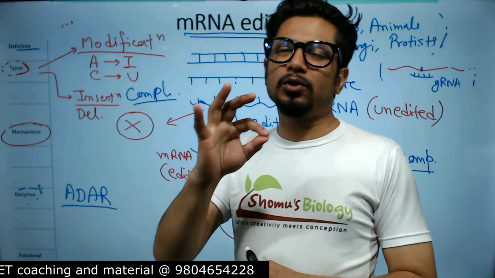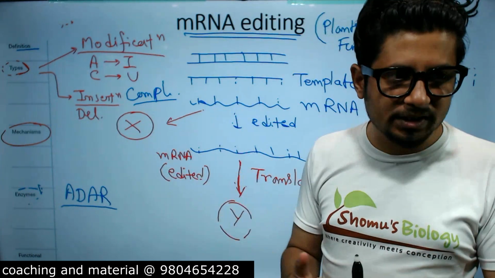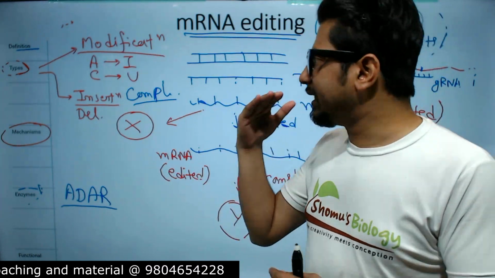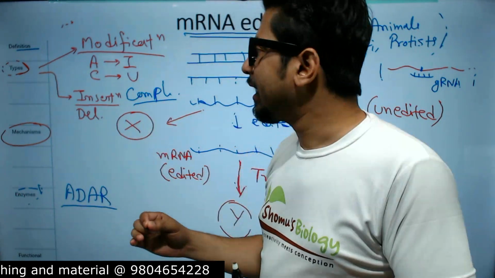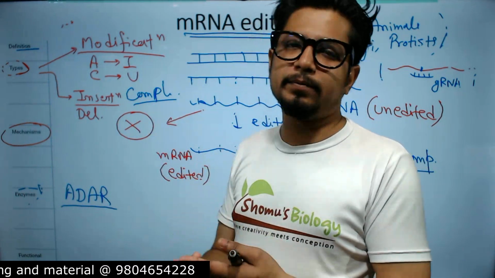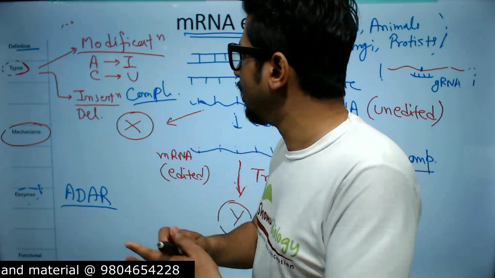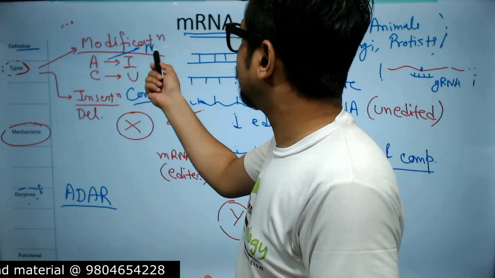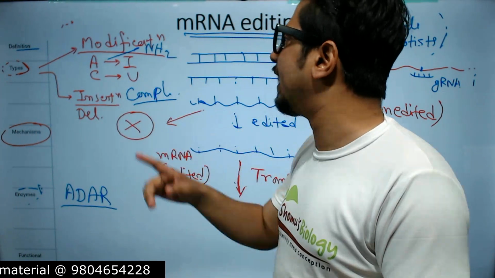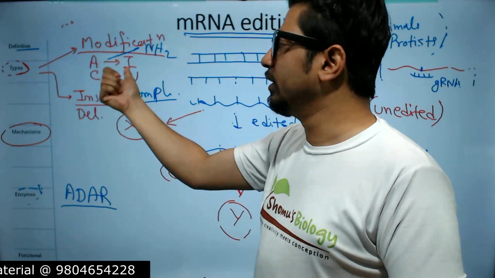Now this enzyme, adenosine deaminase, as the name suggests, will modify the adenosine residue. What kind of modification? Deamination. Basically NH2 is hydrolyzed and cut out of the adenosine to convert adenosine into inosine.